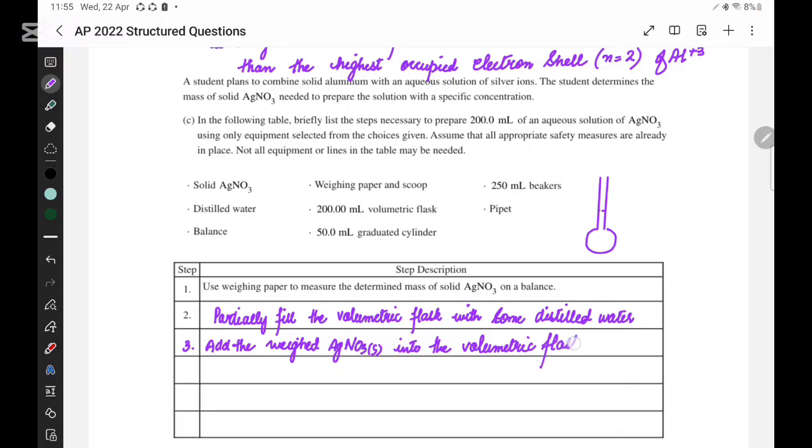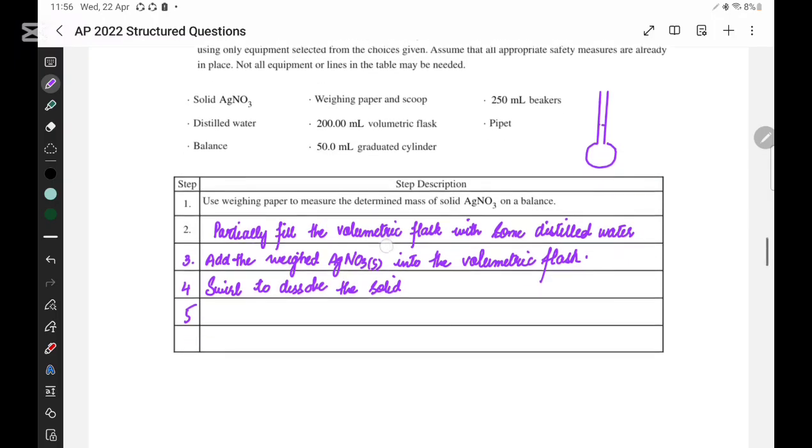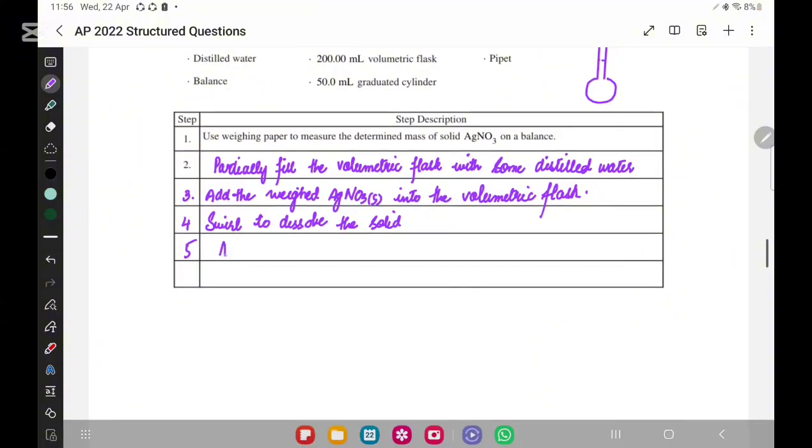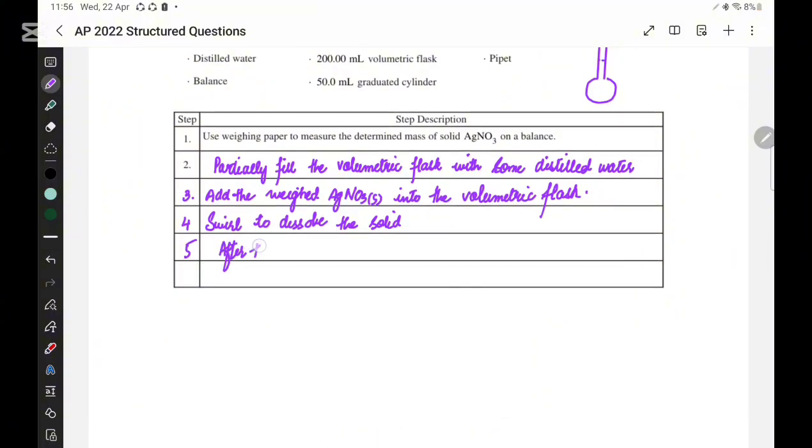And afterwards, swirl to dissolve the solid. You are going to mix it in water, swirl to dissolve the solid. Then after the solid is dissolved, there is a calibrated flask.